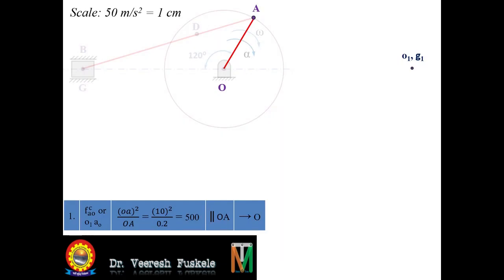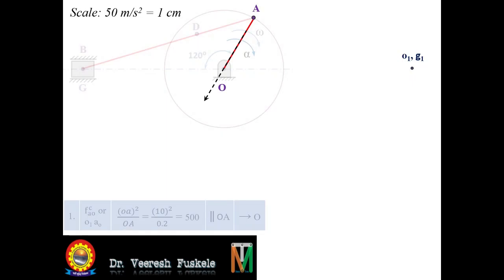The direction of FCAO will be parallel to OA. That means it will be parallel to OA and towards O. So the sense will be towards O, from top to bottom, as shown here. This vector we have to draw from O1.